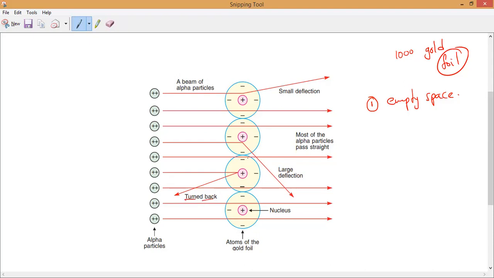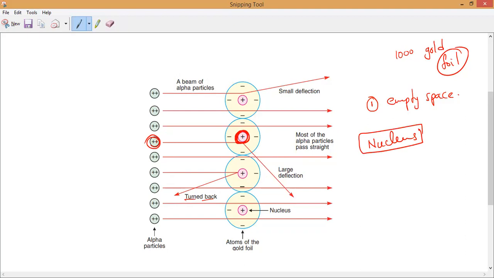From that he concluded that only at the center point is the deflection taking place, because we are sending positive charge. That is an extremely small part present inside the atom, which he called the nucleus.